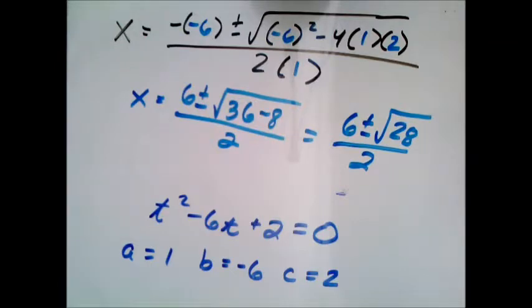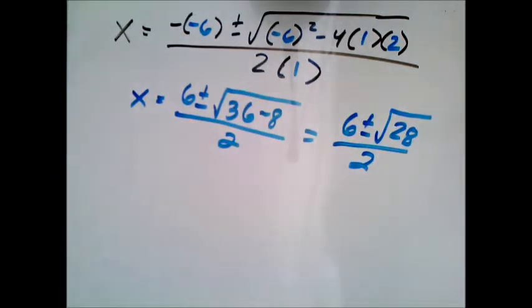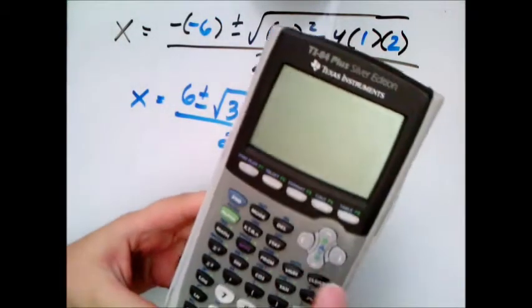But here they want us to round to the nearest hundredth, so probably the most expedient thing to do would be to find out what this number is approximately. That kind of makes sense, because if they want to know seconds, you don't want to tell someone it took 6 plus square root of 28 over 2 seconds for something to happen. You want to say, oh, about this many seconds. And I think they even tell you in the question to round to the nearest hundredth.